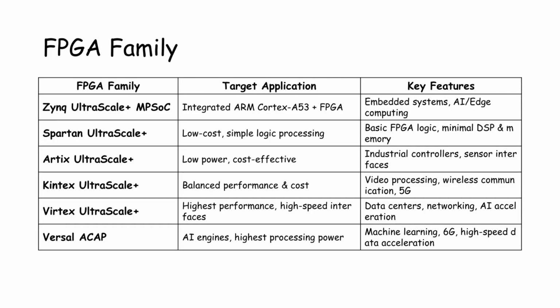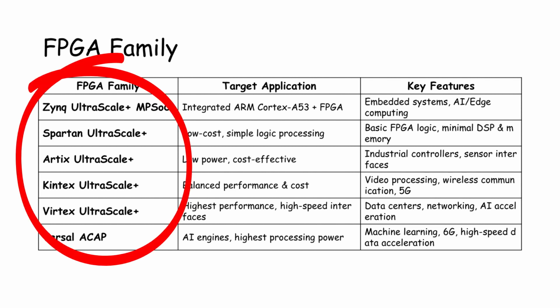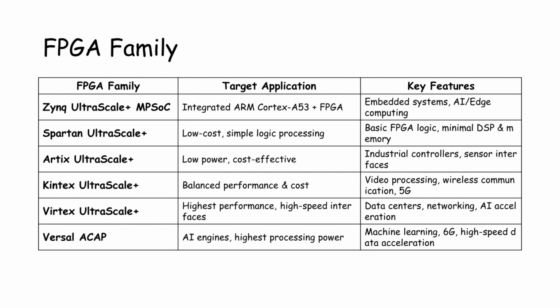Within each FPGA series, AMD further categorizes its products into families such as Spartan, Artix, Kintex, and Virtex. These device families are differentiated by cost, performance, and target applications. Spartan and Artix FPGAs are optimized for cost efficiency and low to mid-level performance, making them well-suited for applications that require low power and compact form factors.